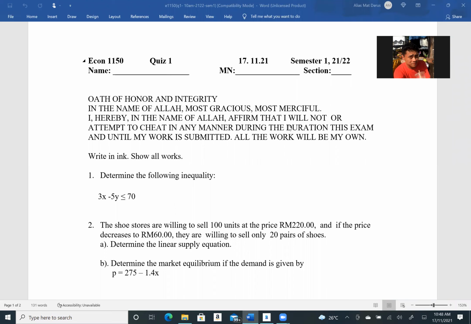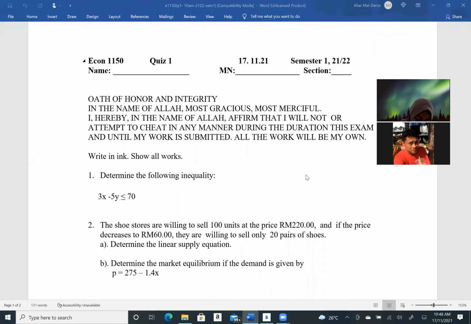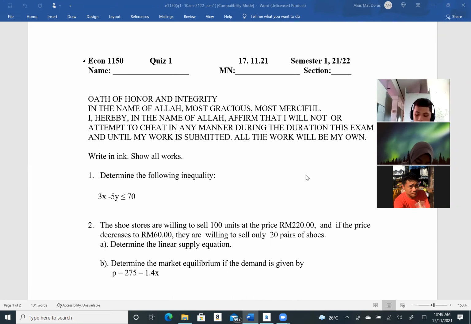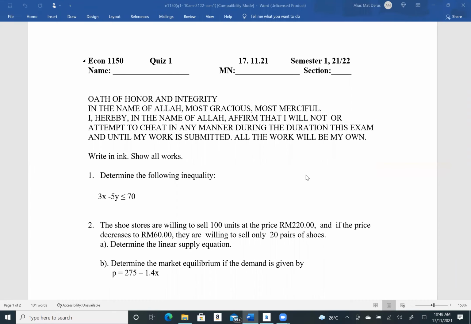Some students don't have video yet. Okay, turn on your video. What is this section 12? This is not section 12. If you are in section 12, that means you don't belong to my class.